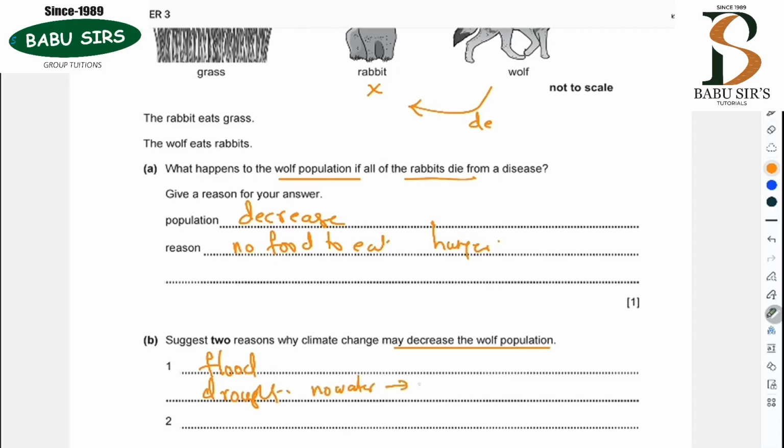No water means no plants. No plants means no animals also. Or flood, it might drown everything and plants and animals will die.